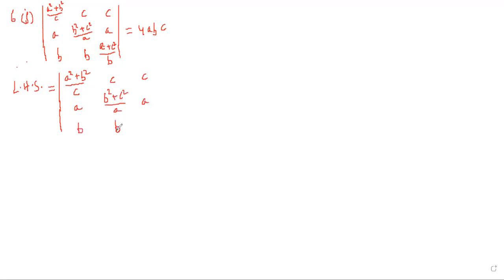Third row b, b, a square plus c square over b. Now if we take 1 by c common from the first row, we are dividing the whole determinant by c, so we have to multiply the first row by c. So the first row becomes a square plus b square upon c into c, c cancelled out, c into c, c square, c into c, c square.